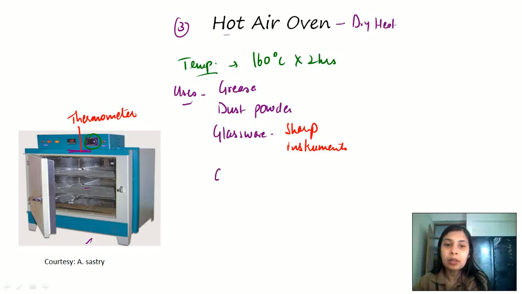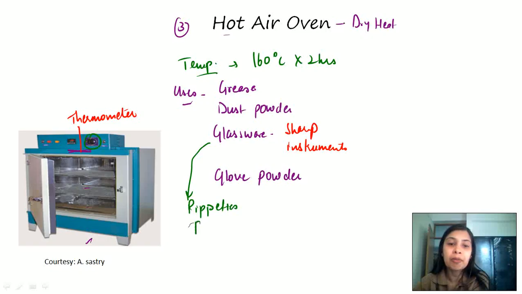What type of glassware can we use? In glassware we can use pipette. It can be used to sterilize pipette, flask, test tubes, etc. This is basically about the hot air oven and its uses.